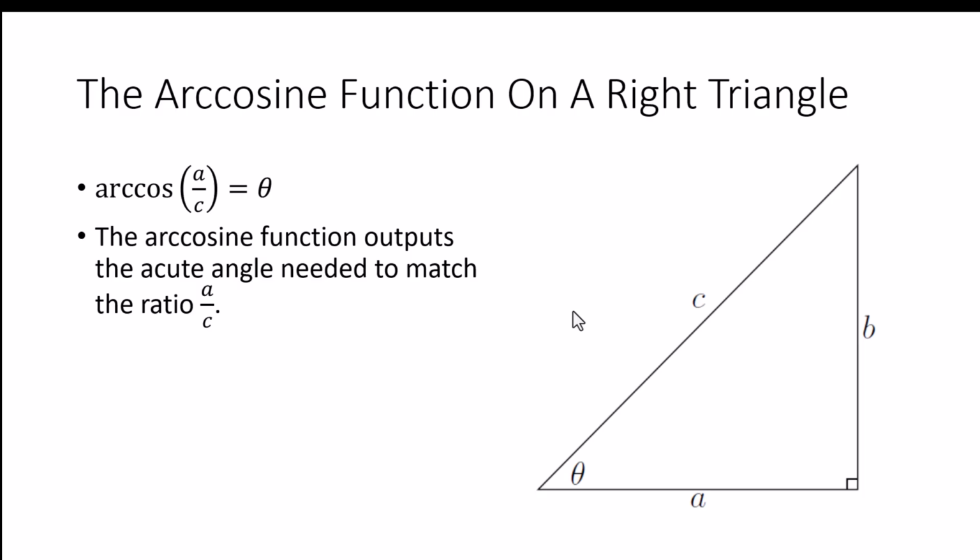Now the arc cosine on a right triangle basically takes in the ratio of A over C, the adjacent side to the hypotenuse, and it will spit out the angle measurement that the cosine of that ratio would normally need. So the arc cosine of adjacent over hypotenuse is equal to an acute angle when you're dealing with right triangles.